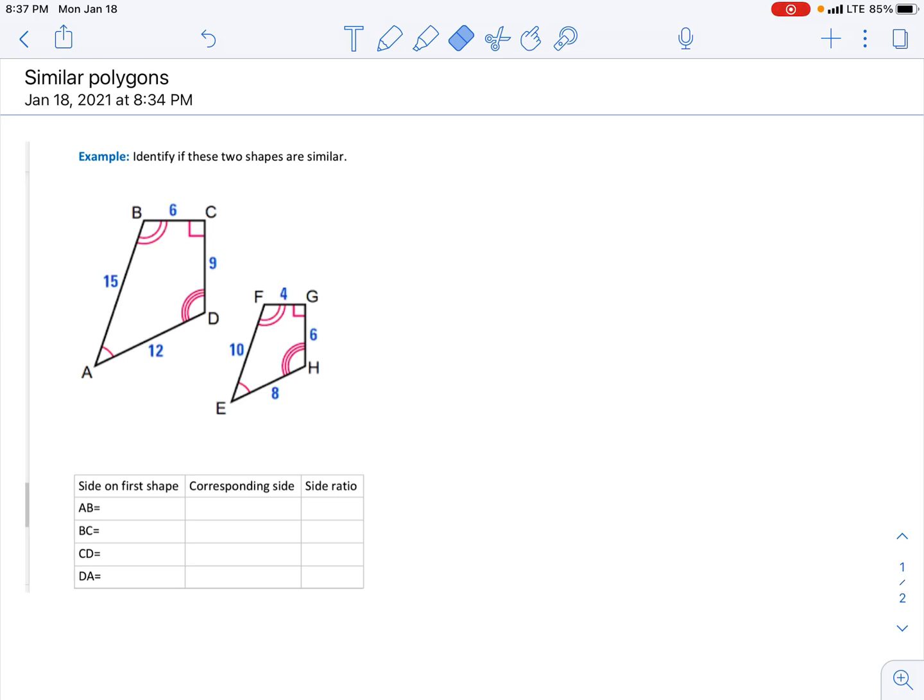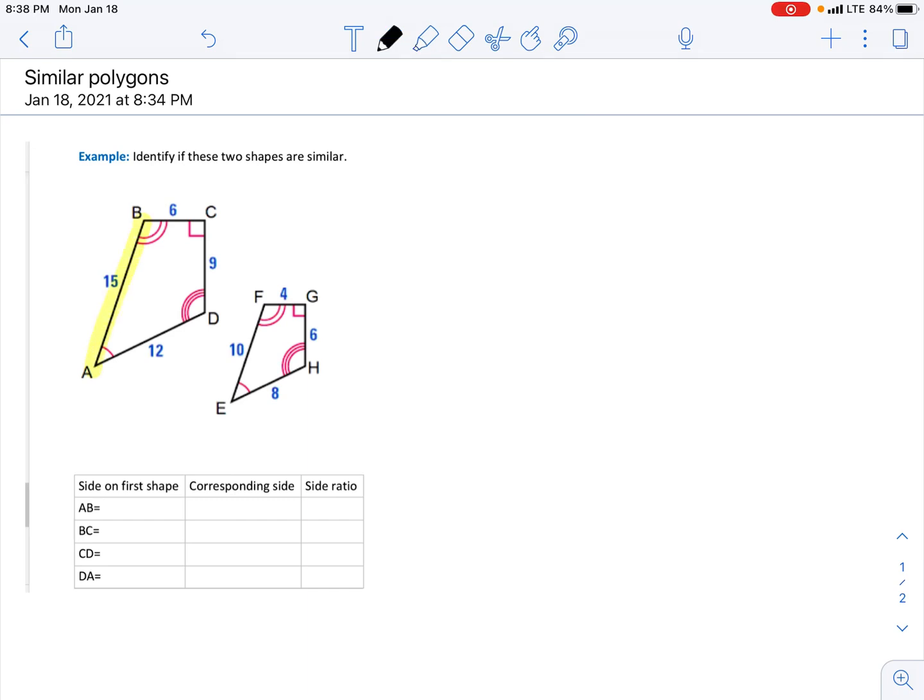So first I'm going to look at my chart here that I created, and I have in the first column the sides on the first shape, and then in the second column I'm going to label my corresponding sides and then the side ratios. Okay, so here I have that my side length for AB is 15.